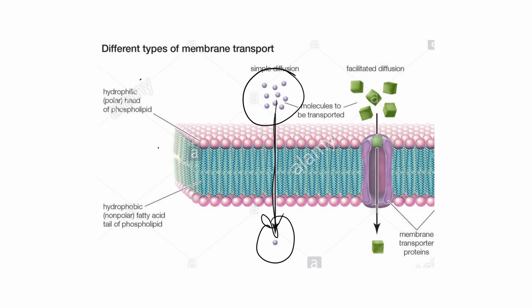Okay, let me give you a couple of examples. Oxygen, atmospheric molecular oxygen, O2, is very, very nonpolar. Carbon dioxide, CO2, is quite nonpolar. It's not perfectly nonpolar. It has some polarity, but it's still very nonpolar compared to other molecules.